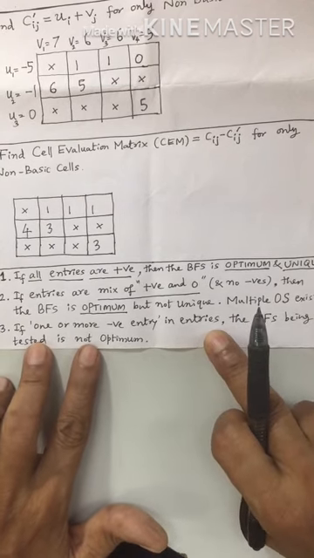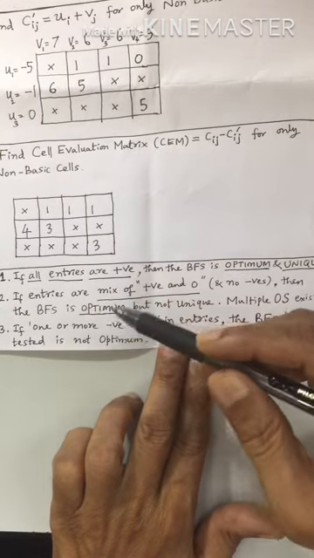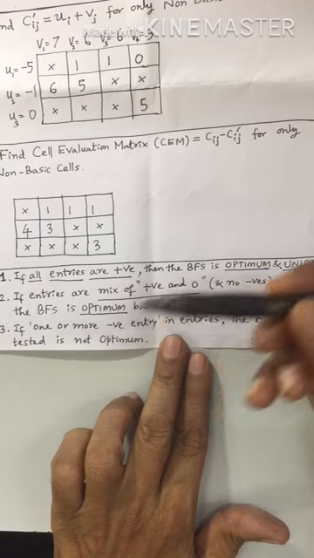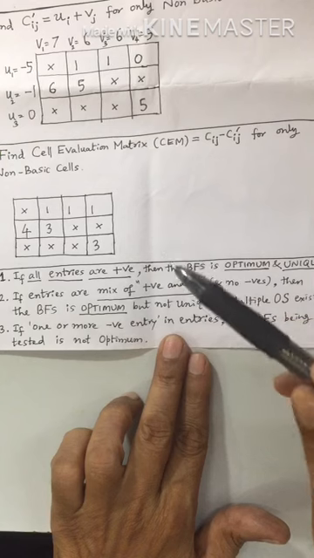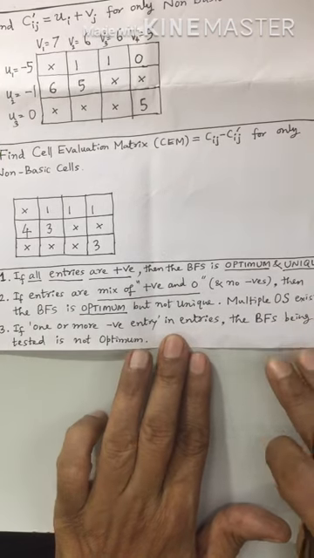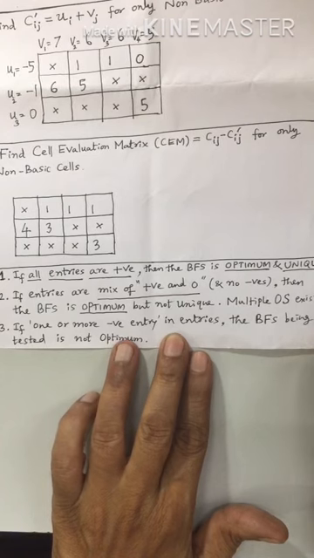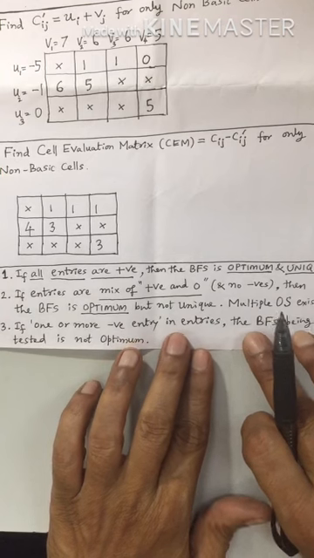Maybe in some other problem with multiple optimum solutions, I shall demonstrate how to get one more optimum solution. Then by chance, if this cell evaluation matrix has a negative entry, maybe 1 or 2 or many, it doesn't matter. Even if it has one negative entry, we immediately conclude that the present plan, the present basic feasible solution, is not optimum.